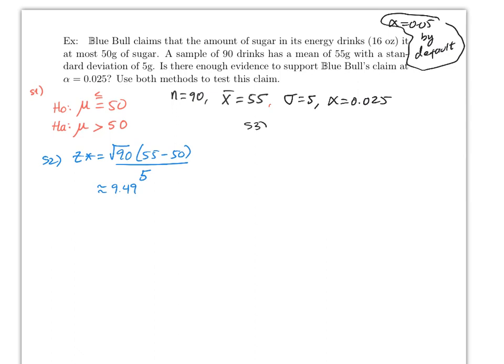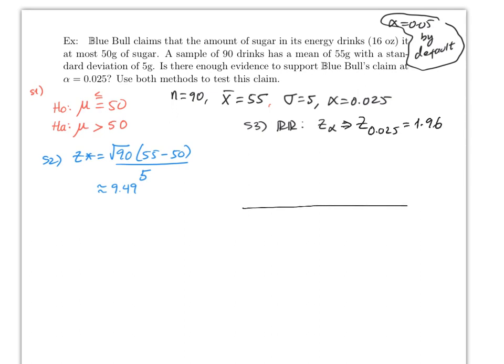All right, so then step 3, you need to find the rejection region. Step 3 is always the rejection region. In this case, it's going to be Z of alpha, the positive sign. Why? Because this is greater, so that means you're going to the right side. The value for alpha is 0.025, so the rejection region will be Z of 0.025, which is equal to 1.96.